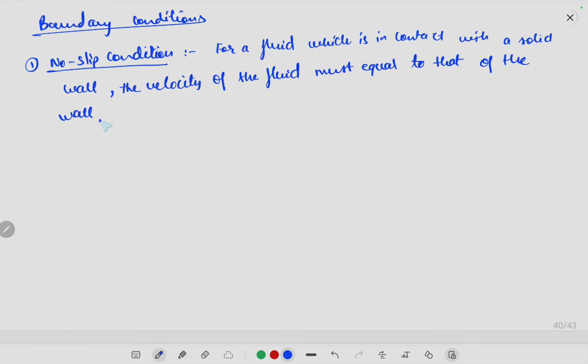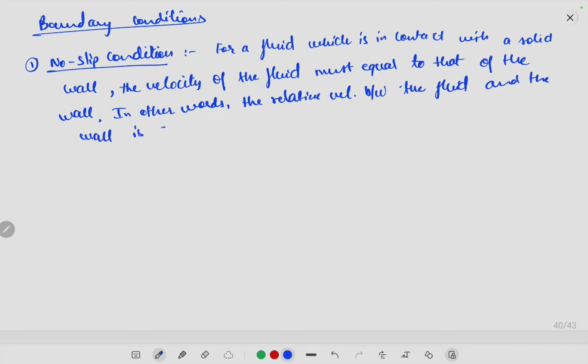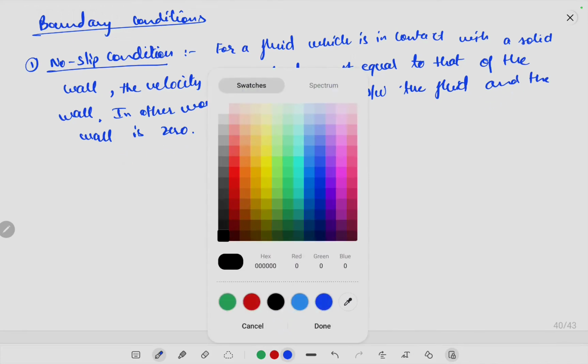In other words, we can say that the relative velocity between the fluid and the wall is 0. Okay, so the relative velocity between the fluid which is in contact with the wall and the wall is 0. So let's say that you have a solid boundary.